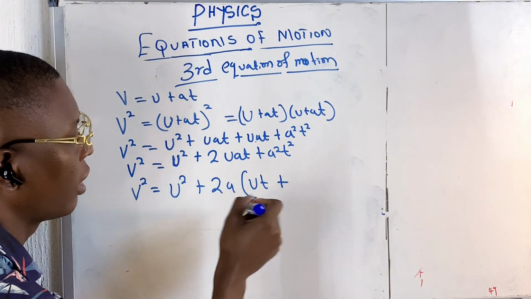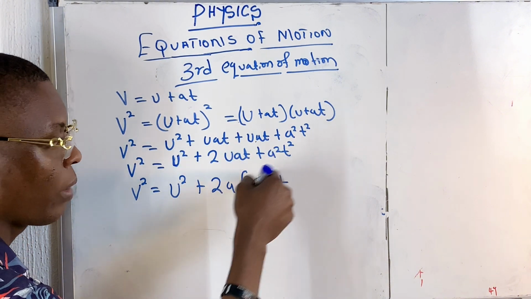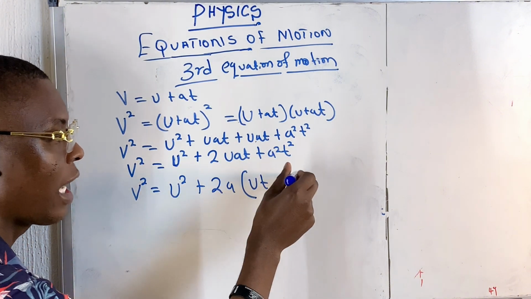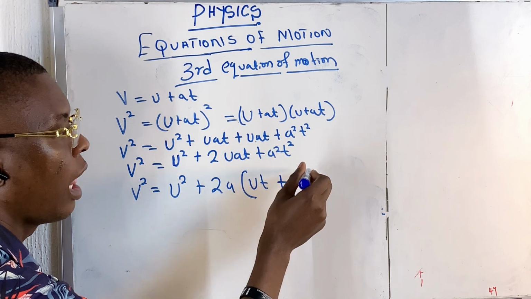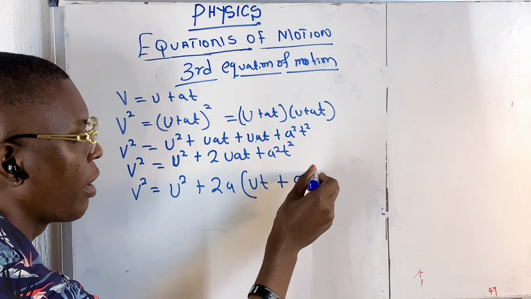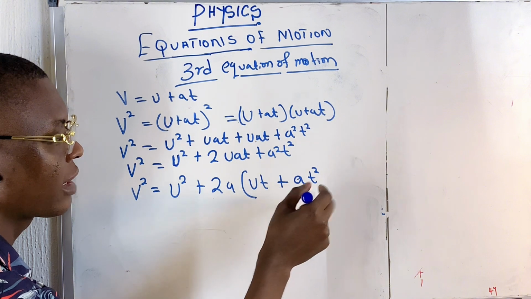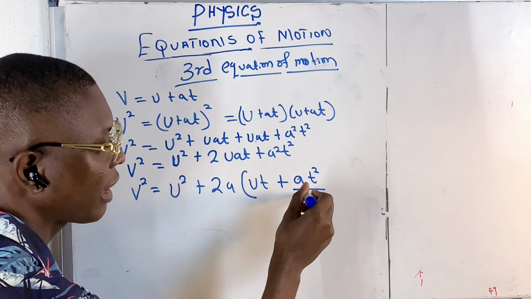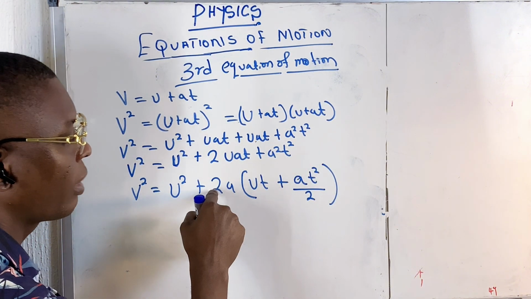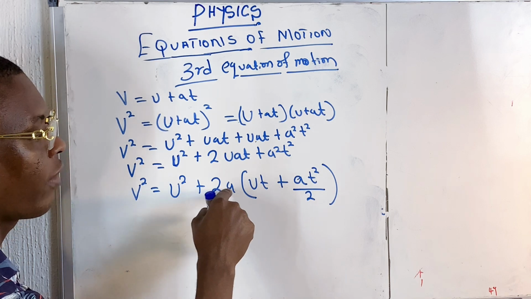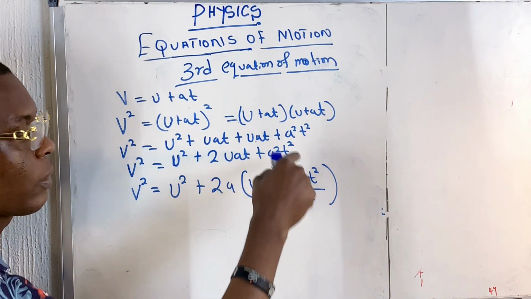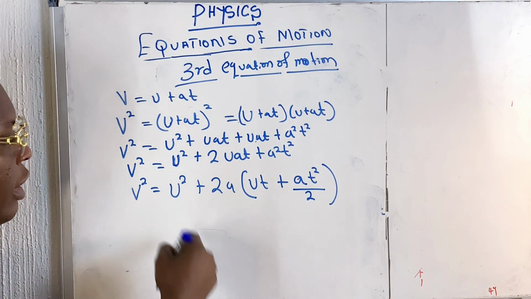Now, plus, here also, I have a squared. So you know that when I'm taking out 1a, I will be left with a single a. And my t squared will be here. But remember, there is a 2. So for this to balance, I will have to take the half of this, so that when these 2 multiply, the 2 goes off, a times a will still give me back my a squared. And then I have my t squared.